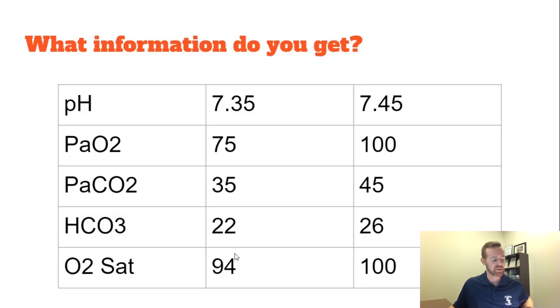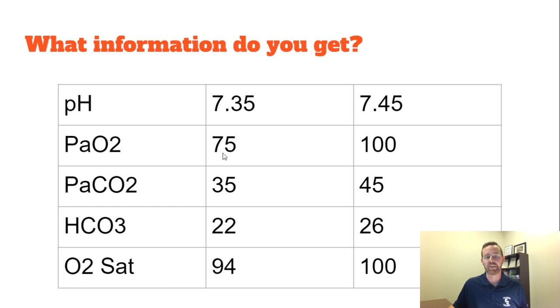Okay, so what information do you get? And we've talked about this in class a few times, but clearly you're going to get a pH, and here are your normal values for your pH. You're going to get a PaCO2, which is the dissolved CO2 in that arterial blood. So this is different than an O2 saturation. Remember, an O2 saturation is measuring the percentage of hemoglobin that are bound to an oxygen molecule.